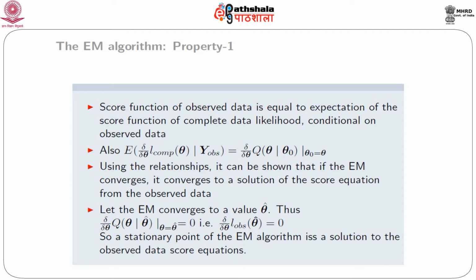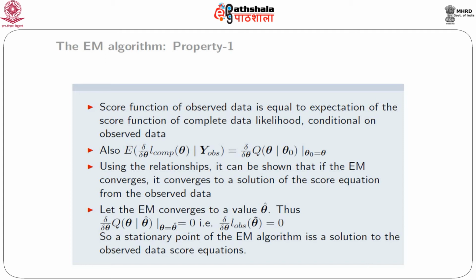Now, note that the expectation under theta of the conditional score function of the complete data likelihood given the observed data is del theta of q theta given theta naught, at theta naught equal to theta. So, using these relationships, it can be shown that if the EM converges, it converges to a solution of the score equation based on the observed data.